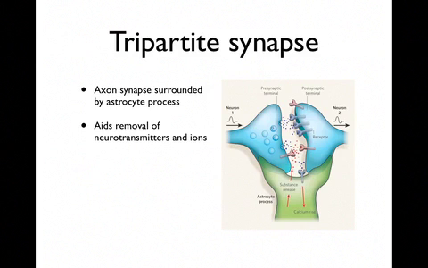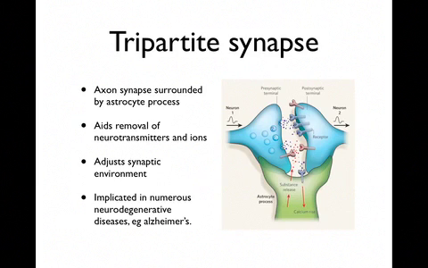So excess neurotransmitter will be vacuumed up by the astrocyte process, and without it we'll get lots of dysfunctions within that synapse, because you won't have the ionic environment to discharge, and therefore it's implicated in numerous neurodegenerative disorders such as Alzheimer's, Parkinson's, etc.